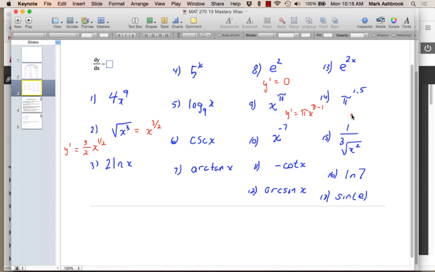So it's power rule. When do you do power rule? When x is in the base. That's called a monomial. When x is in the base, that's when you do power rule. So we're gonna do the power rule. Pi x, and then to get the exact new exponent, you have to write it as pi minus 1. Don't write 2.14. That's close. It's not right. Okay? So don't write 2.14. You got to write pi minus 1 to get the exact exponent.